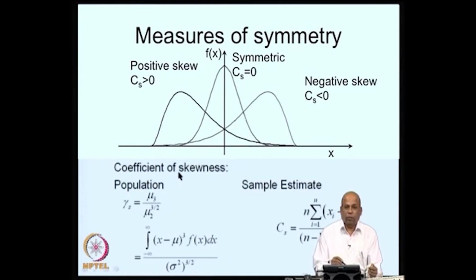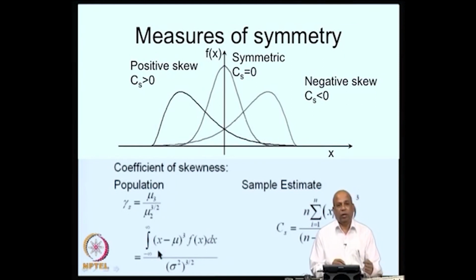So, the coefficient of skewness we define here with the third moment mu 3 divided by mu 2 to the power 3 by 2. Remember, mu 2 to the power 1 by 2 is the standard deviation. So, mu 2 to the power 3 by 2 is the standard deviation cube.